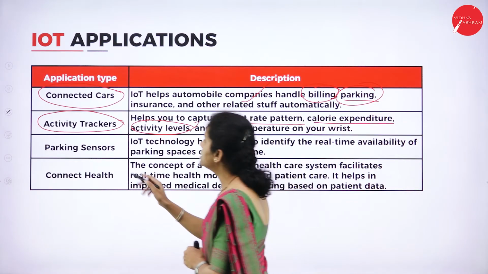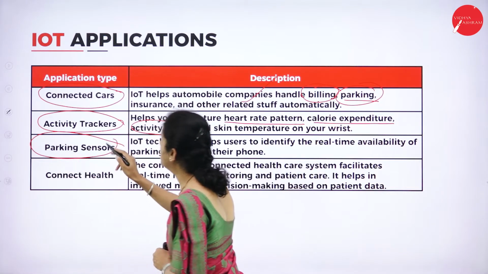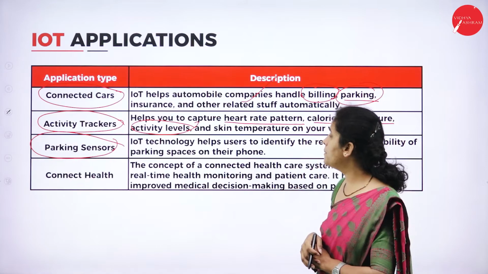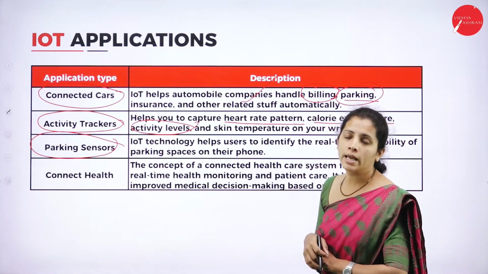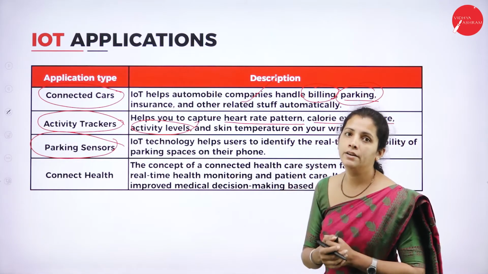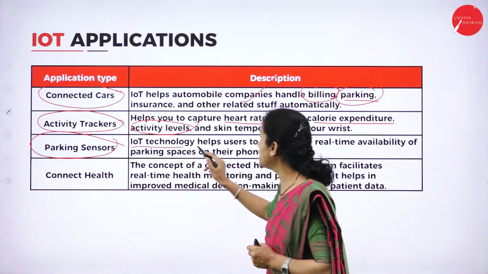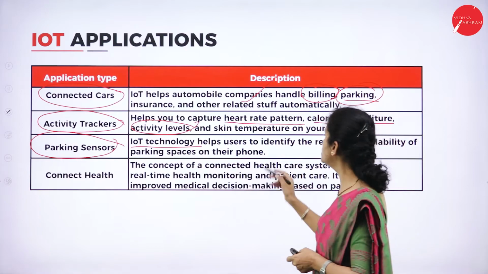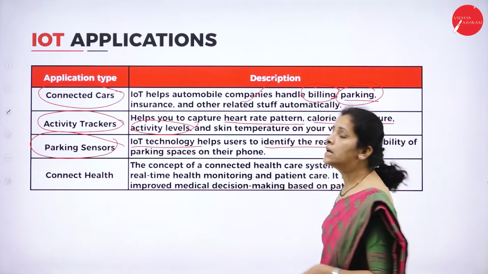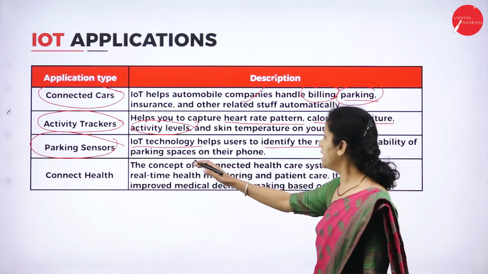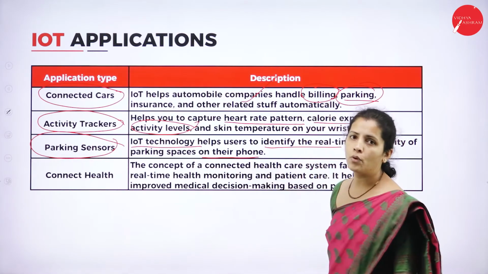Now, the next application is the parking sensor. With the help of IoT, we can identify parking areas. So IoT technology helps users identify real-time availability of parking space on their phone.